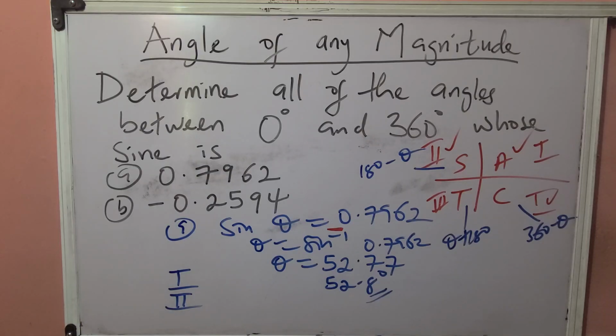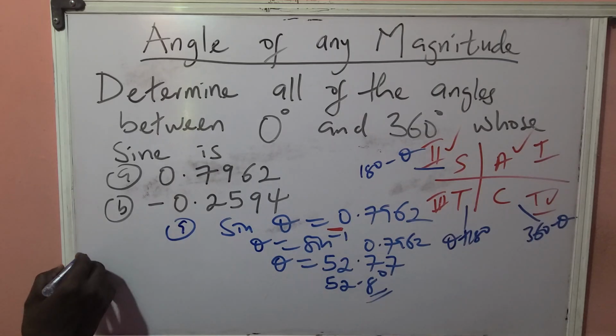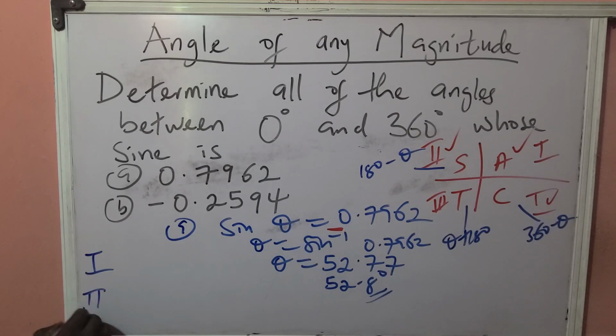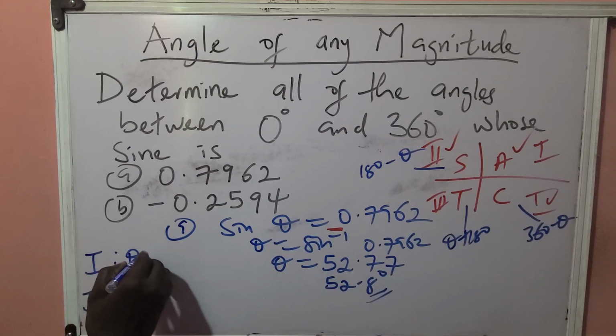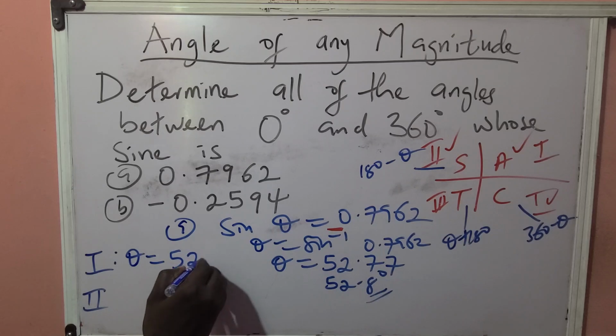So let's look at it right here. For the fact that we have quadrant 1, don't forget we're dealing with quadrant 1 and quadrant 2. Since quadrant 1 is featured there, we already know automatically that we'll be having this as our answer. So for the answer in quadrant 1, I will just fix in there that theta equals 52.8.